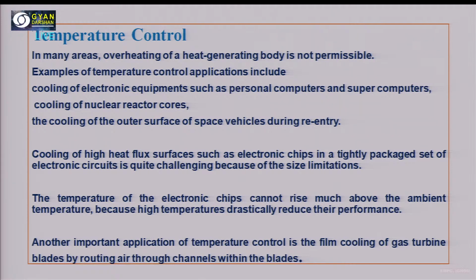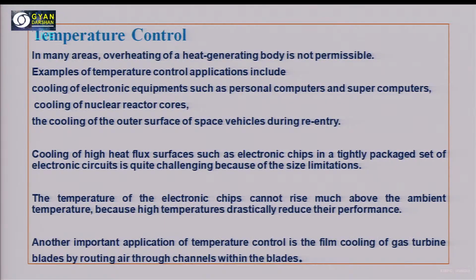Another very important application of temperature control is the film cooling of gas turbine blades by routing air through channels within the blades. As I told you about the turbine earlier, the turbine blades also get heated up because of the high speed at which they are moving. Heat is produced, and there is friction and drag also, so heat energy is produced.